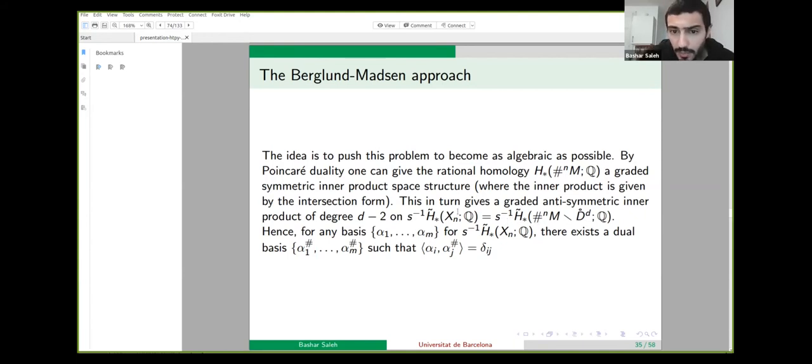So for any basis for this space, there exists a dual basis given by the following property. So this is the Kronecker delta. If i equals j, then we get 1, otherwise we get 0.